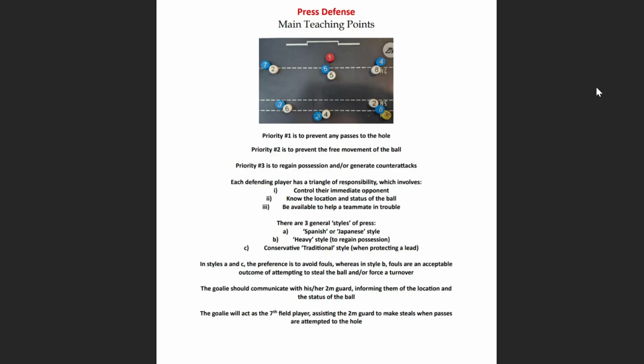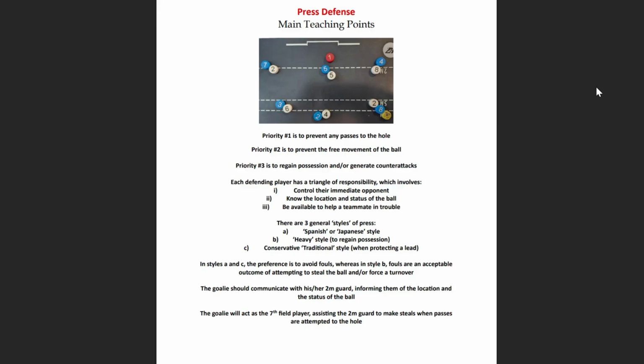And there's a more conservative traditional style, which is they stay behind and only tackle or put pressure, heavy pressure at the moment where the player turns to make the pass.